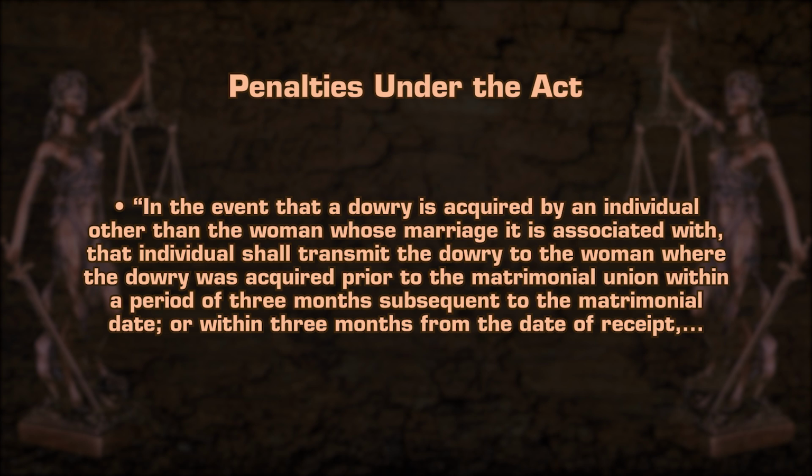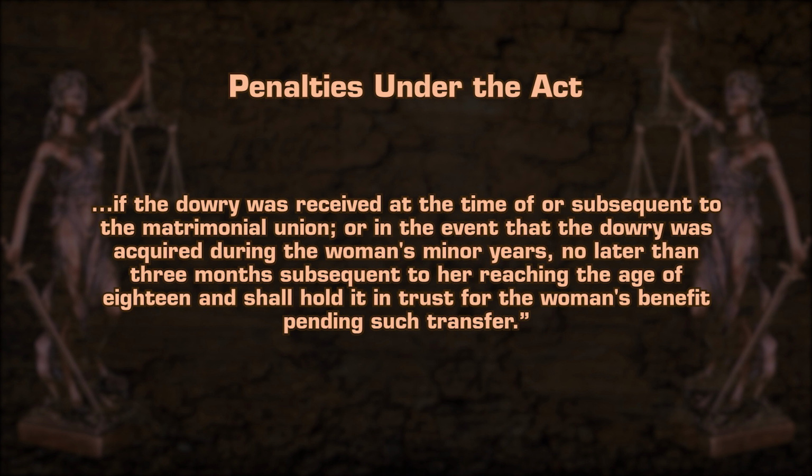In the event that a dowry is acquired by an individual other than the woman whose marriage it is associated with, that individual shall transmit the dowry to the woman where the dowry was acquired prior to the matrimonial union within a period of 3 months subsequent to the matrimonial date or within 3 months from the date of receipt, if the dowry was received at the time of or subsequent to matrimonial union, or in the event that the dowry was acquired during the woman's minor years, no later than 3 months subsequent to her reaching the age of 18, and shall hold it in trust for the woman's benefit pending such transfer.